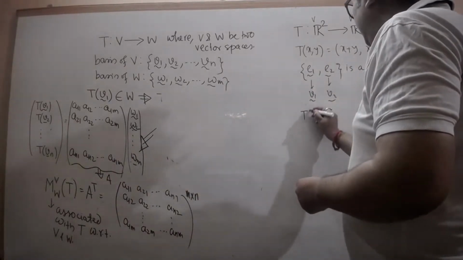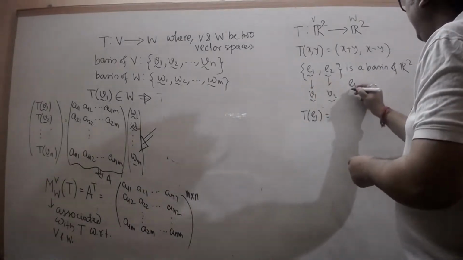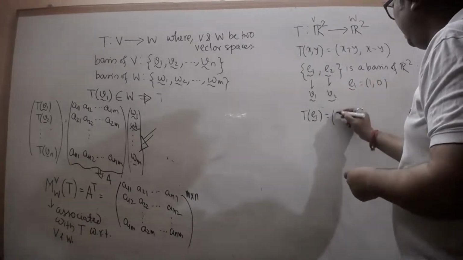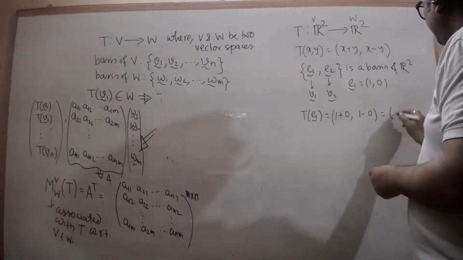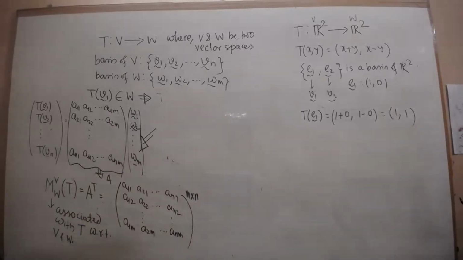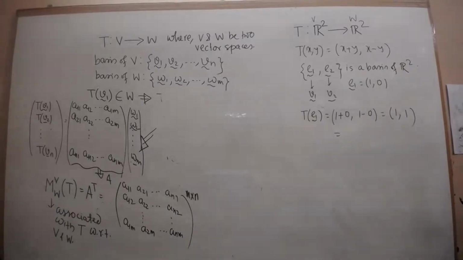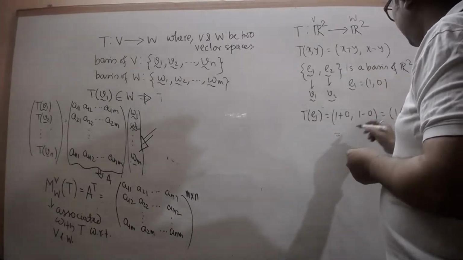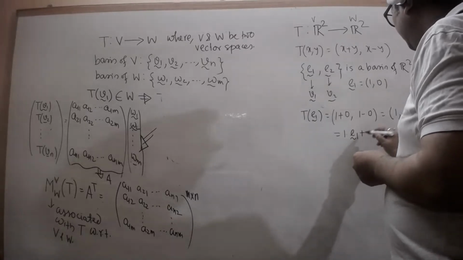So e1 means (1, 0). So this should be (1 plus 0, 1 minus 0), that is (1, 1). And we write again e1, e2 are the basis of R squared. So write this as 1 e1 plus 1 e2.